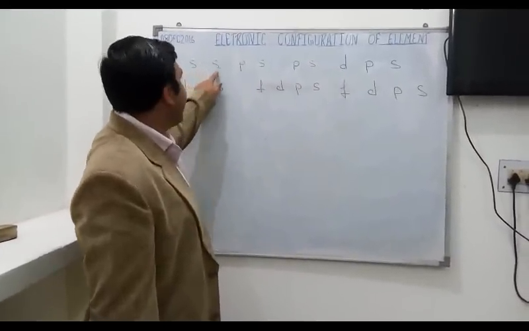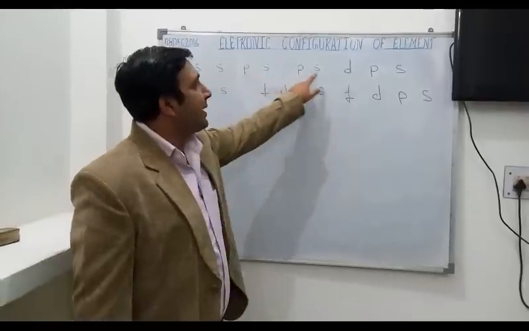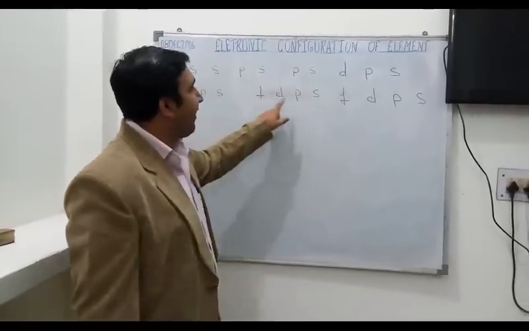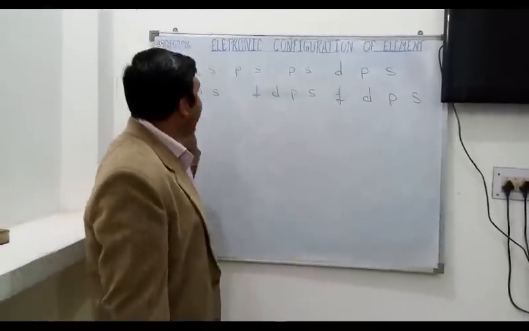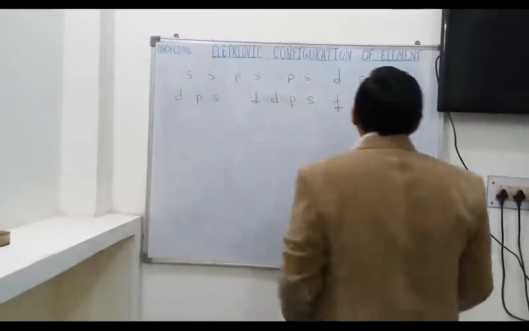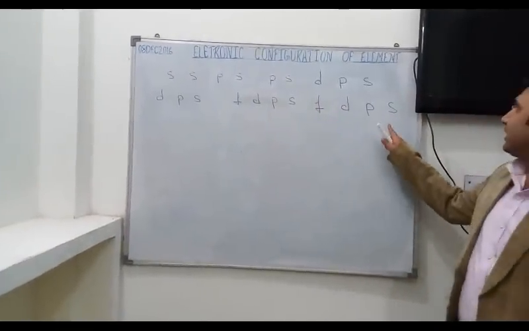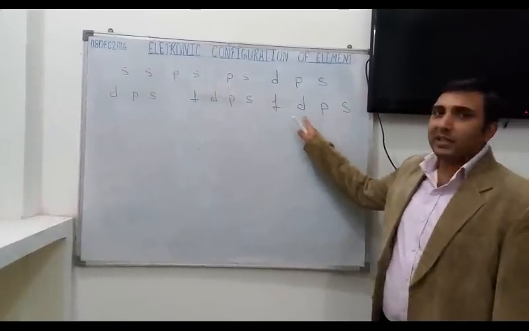This is S, PS, PS, DPS, DPS, FDPS, FDPS. If we see it in a very important way, what is written is basically SPDF.